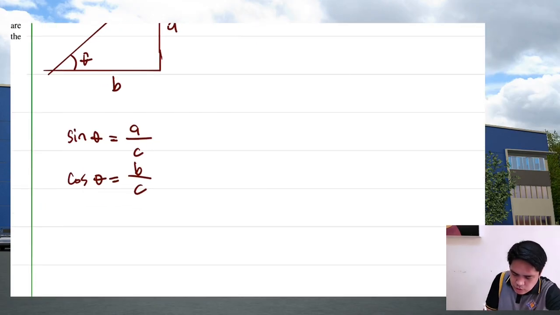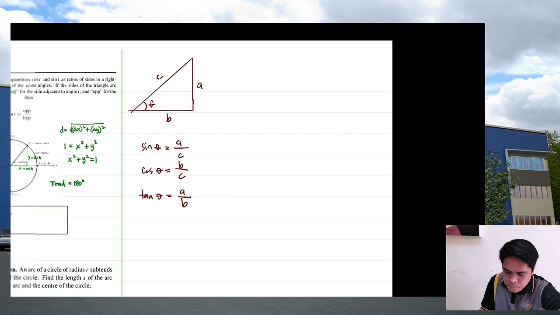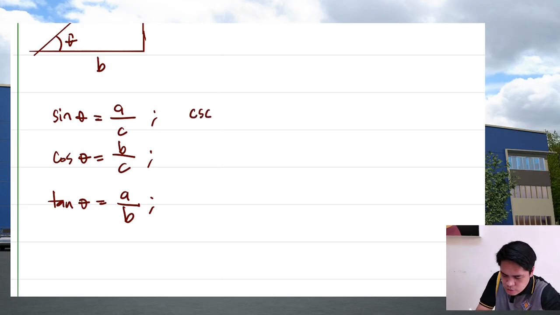And idagdag na lang din natin yung tangent theta, which is opposite over adjacent. Okay? And we also have reciprocal functions, yung mga kabaliktaran. We have the reciprocal of sine, which is cosecant. So, cosecant theta is C over A. Let me make that clear here.